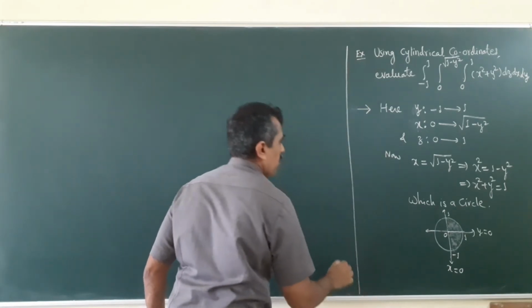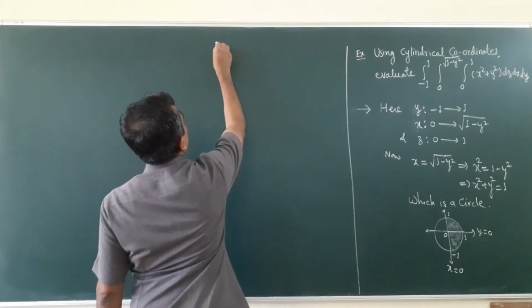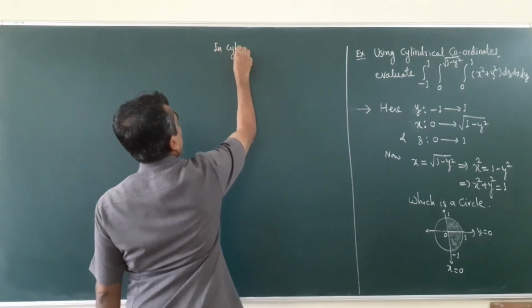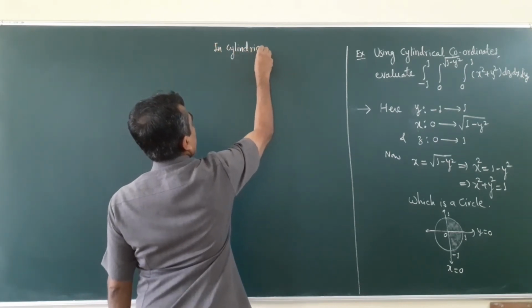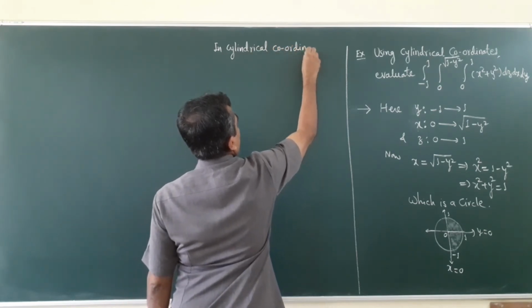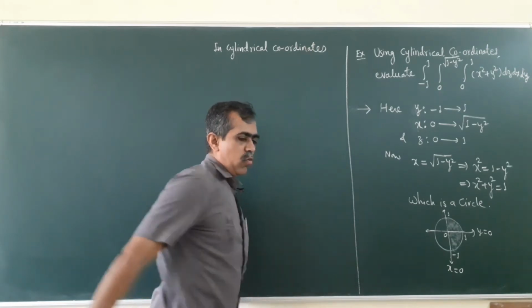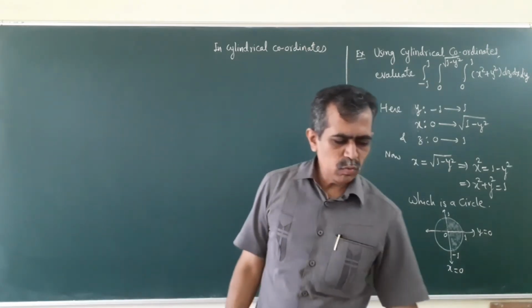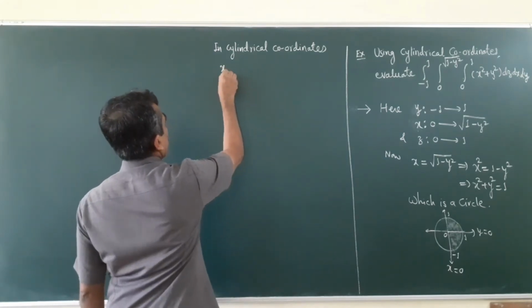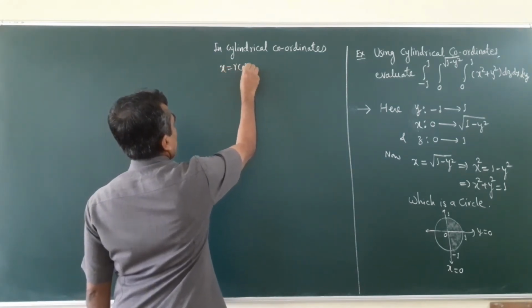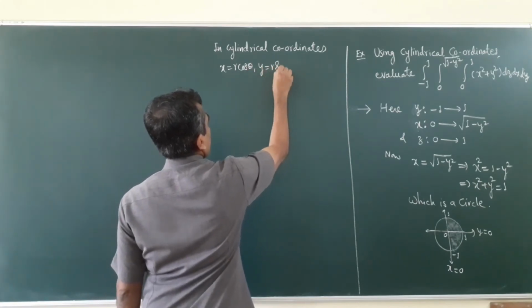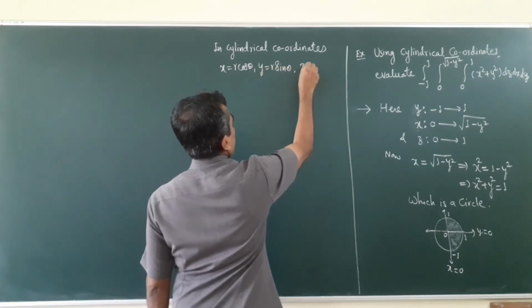What happens in cylindrical coordinates? Now see what the limits are here. First of all, what is x? R cos theta. Y is r sin theta, and z is z.